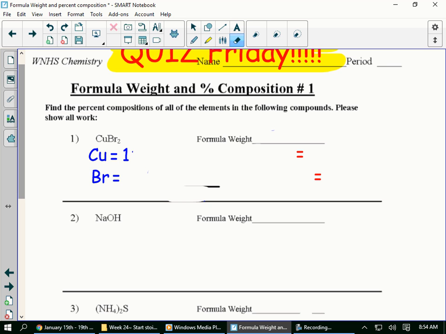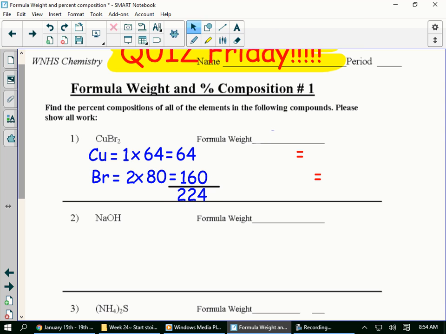How many bromines do you have? 2. Let's dust off that periodic table. What is the mass of 1 copper rounded? 64. 1 times 64 is 64. What's the mass of 1 bromine rounded? Good job. 80. 2 times 80 is 160. Life is good. I'm going to add those up, and I'm going to get 224.